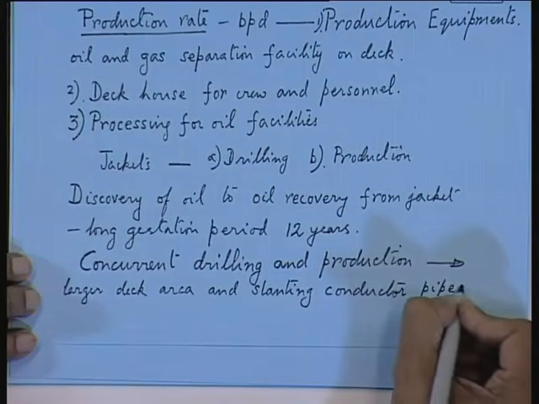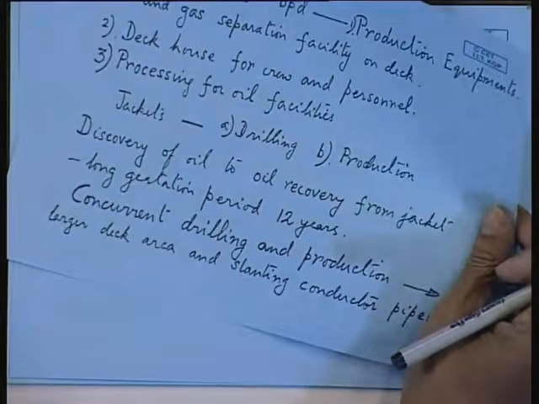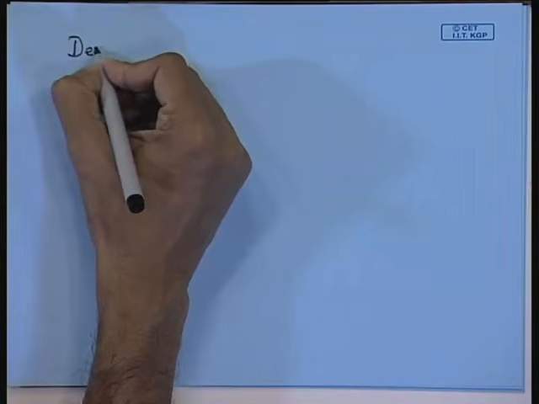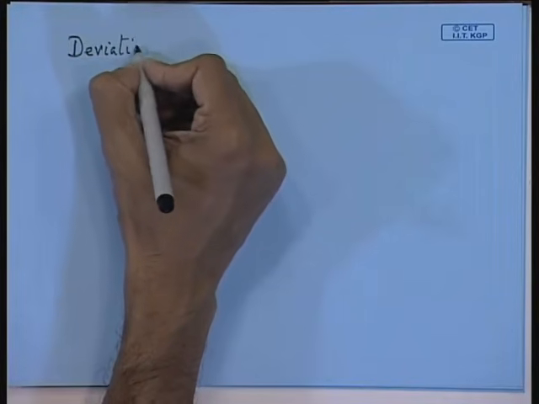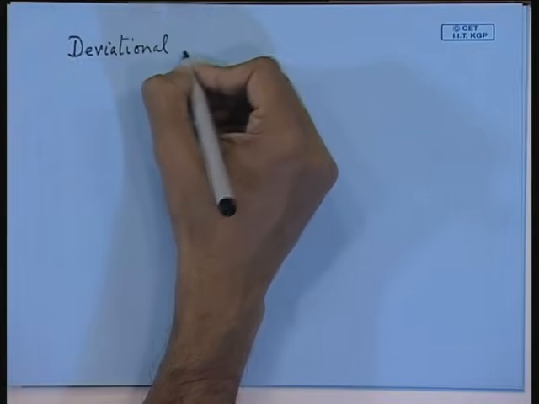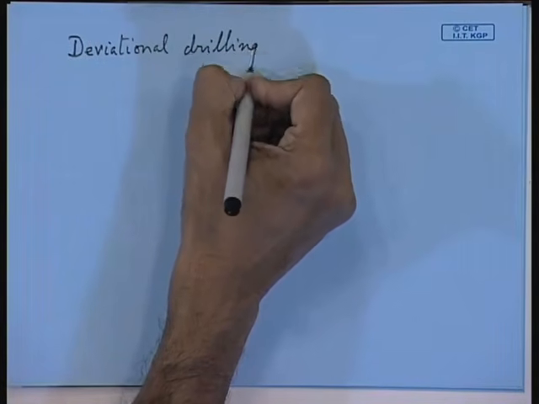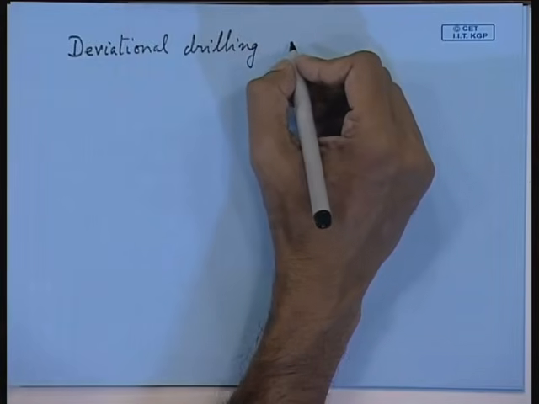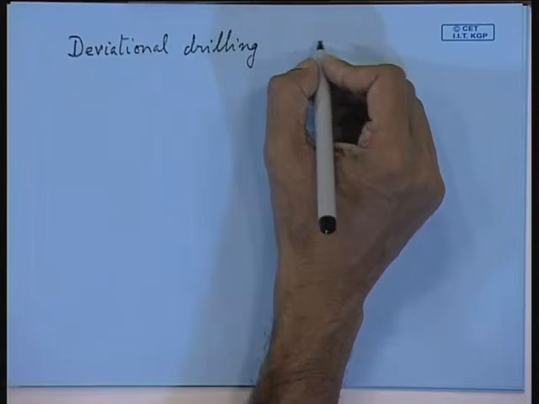Nowadays the drilling technology has also developed over the years, and this type of drilling is called deviational drilling. Here you can drill as many as, I think, 12 or 13, so 30 wells.